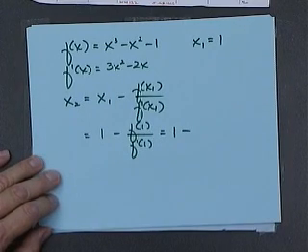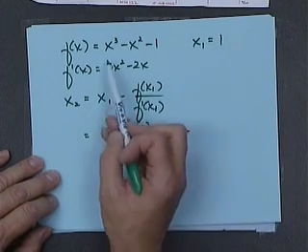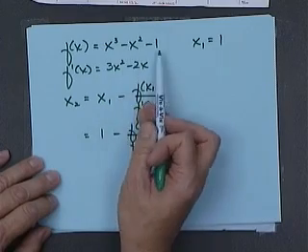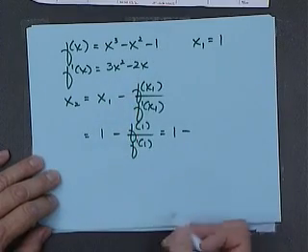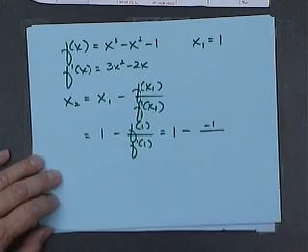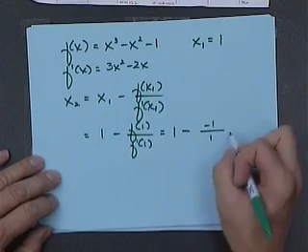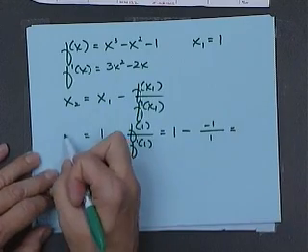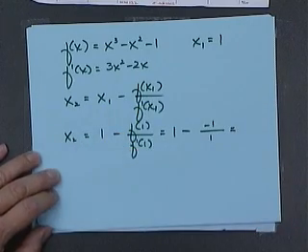Negative 1. 1 cubed minus 1 squared minus 1? Negative 1, yeah. And what's the derivative at 1? 1. So x2, which is supposed to be a better value, what is it? 2.